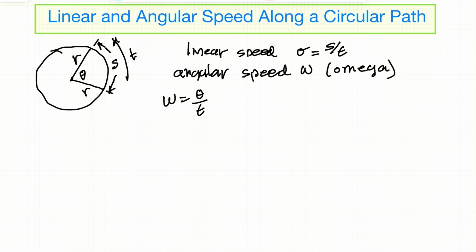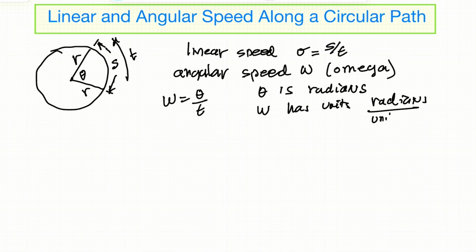Now we're writing an angular measure rather than a distance measure per unit time, where theta is in radians and omega has the units of radians per unit time, whatever that might be, seconds, minutes, hours, days, years, whatever the unit of time is.